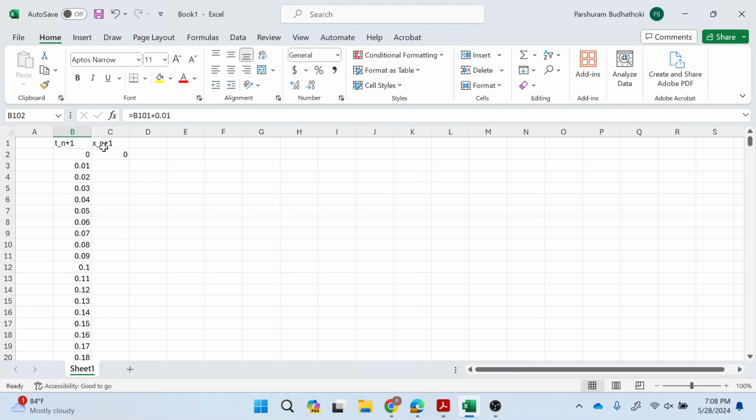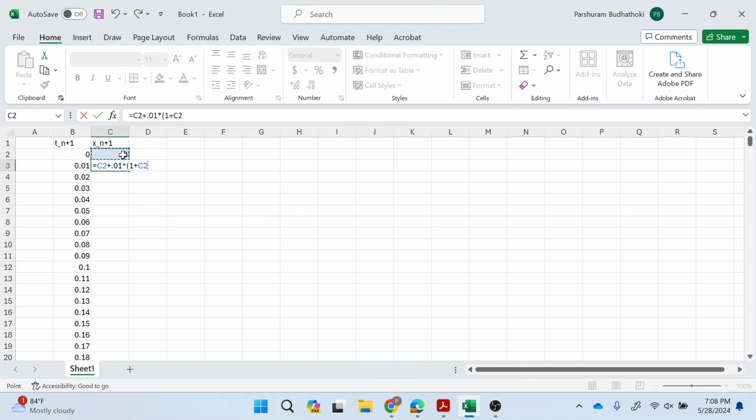What is the value of x(n+1)? The first, x0, is 0. How do you calculate x1? It's the previous value plus h, which in our case is 0.01, times 1 plus x squared, where x means the previous value of x, squared.